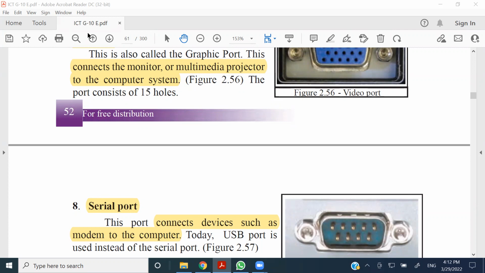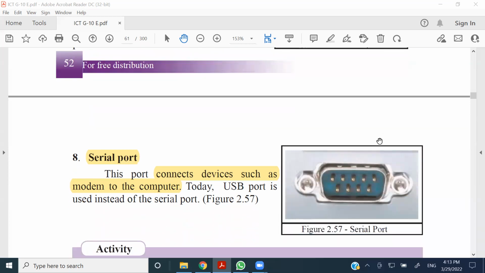Okay, two are done. Is there anyone who is still writing? I'm done. Okay. Anyone who is still writing?